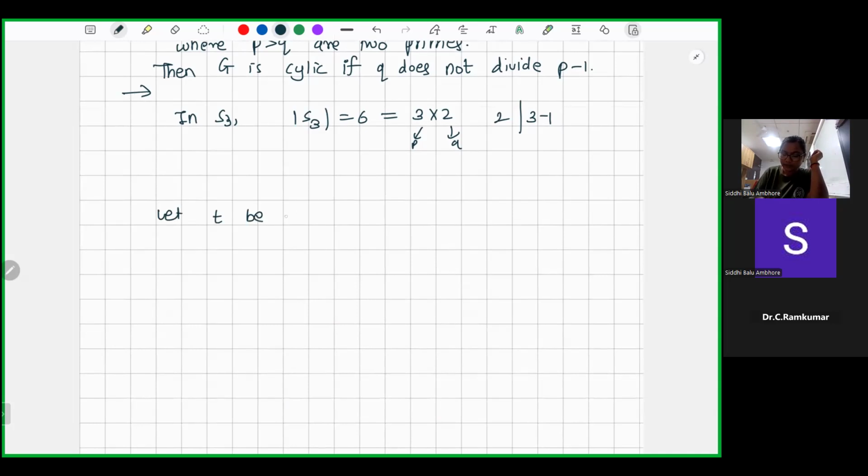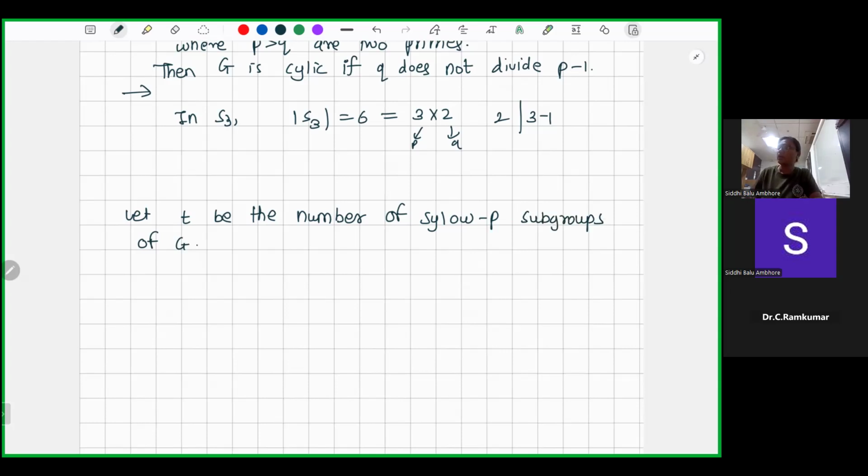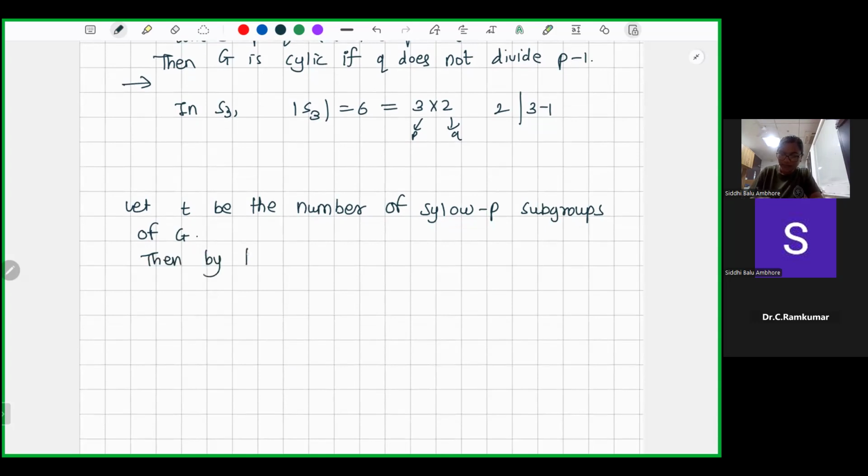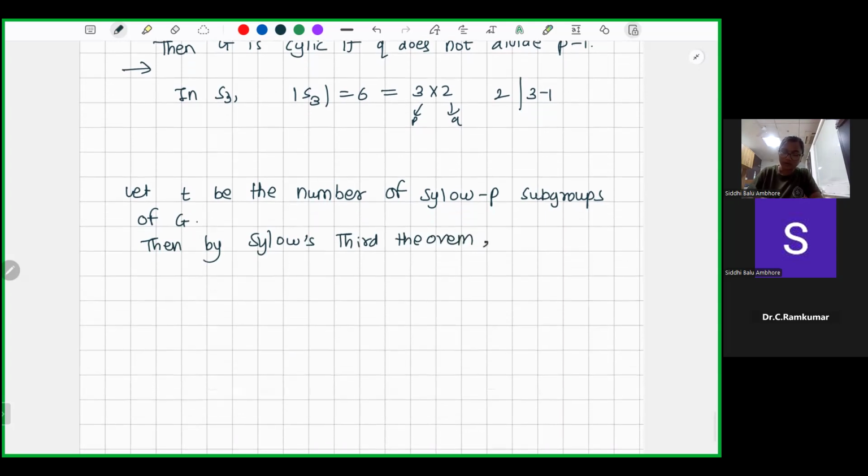Let T be the number of Sylow P subgroups of G. So P was my greater prime among P and Q. Then by Sylow's third theorem, which we have proved and used a lot of times, T will be some Kp plus 1 for some K greater than or equal to 0.